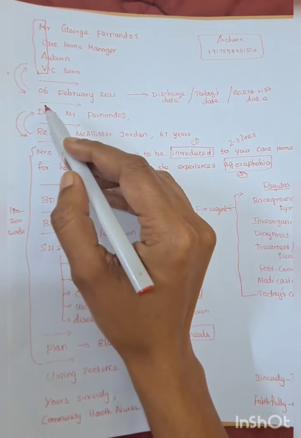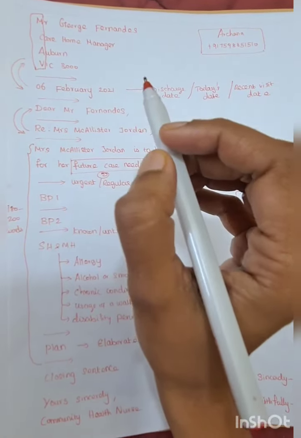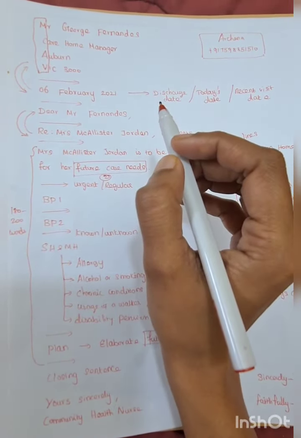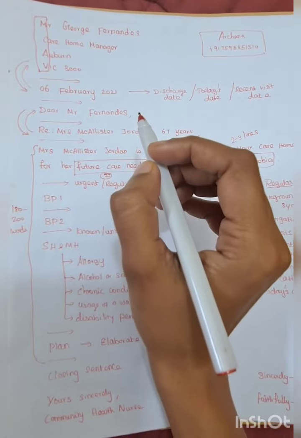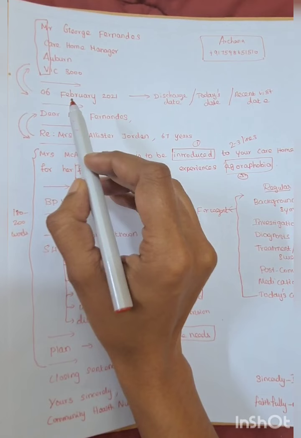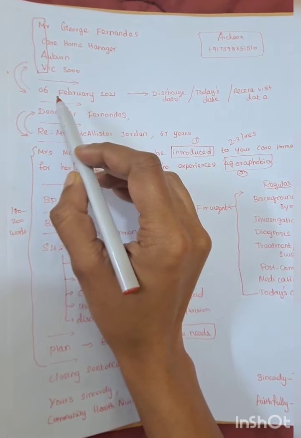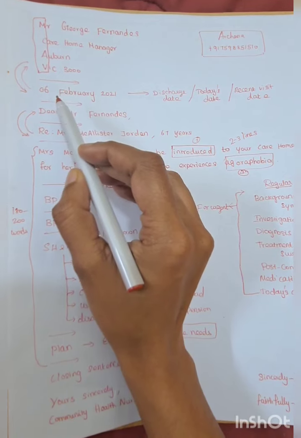As I told you, the OET letter should have a formal date. This date should be in the format of day, month, and then year, with the first letter of the month capitalized.